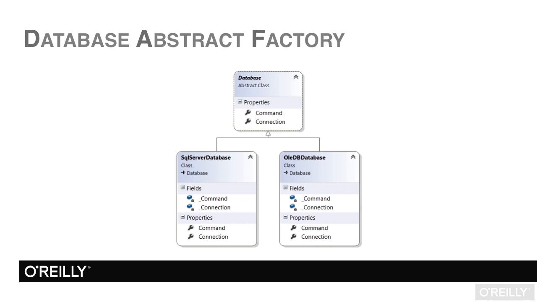And of course, those are going to be the underlying fields that are associated with the properties command and connection. We also have OLEDB database, which also inherits from our abstract database class, and it has the command and connection properties as well. So that's the idea behind a database abstract factory. In our next lesson, we'll take a look at an actual code example of implementing this for real.